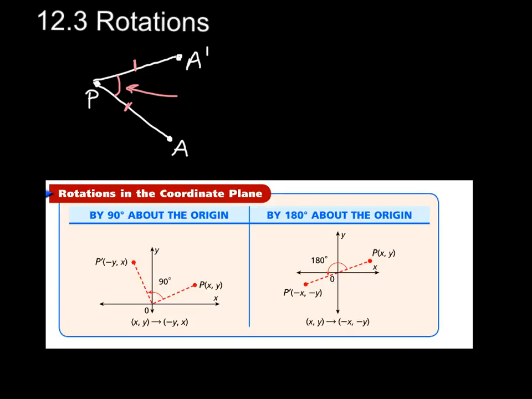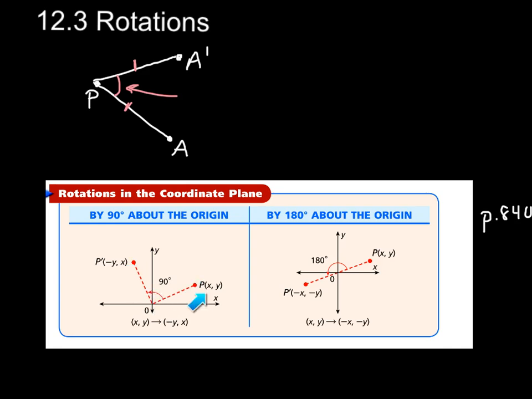This angle in here is the angle of rotation. Now, on page 840, this chart is in your book. Now, this is only multiples of 90. If you go by 90 about the origin, now notice here we have a point, x, y, that would be your pre-image. This is your image, so we're going counterclockwise.